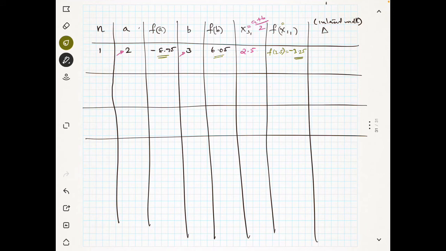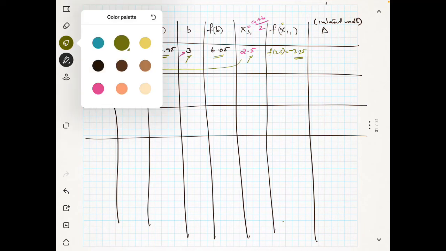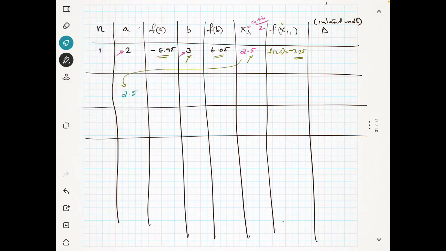B is the higher value, which is 3, and xs is the lower value, which is 2.5. So my new a is 2.5, and my new b is 3.